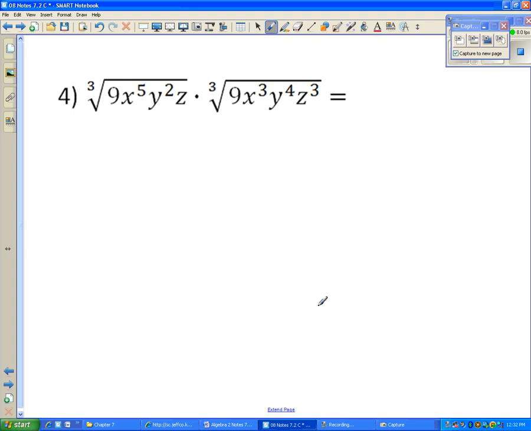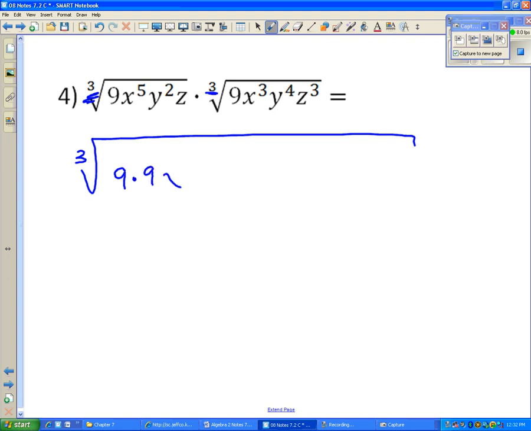I have a cube root here and a cube root here. I can combine that into one big cube root. I have 9 times 9, x to the 5th times x to the 3rd, y to the 2nd times y to the 4th, z times z to the 3rd.